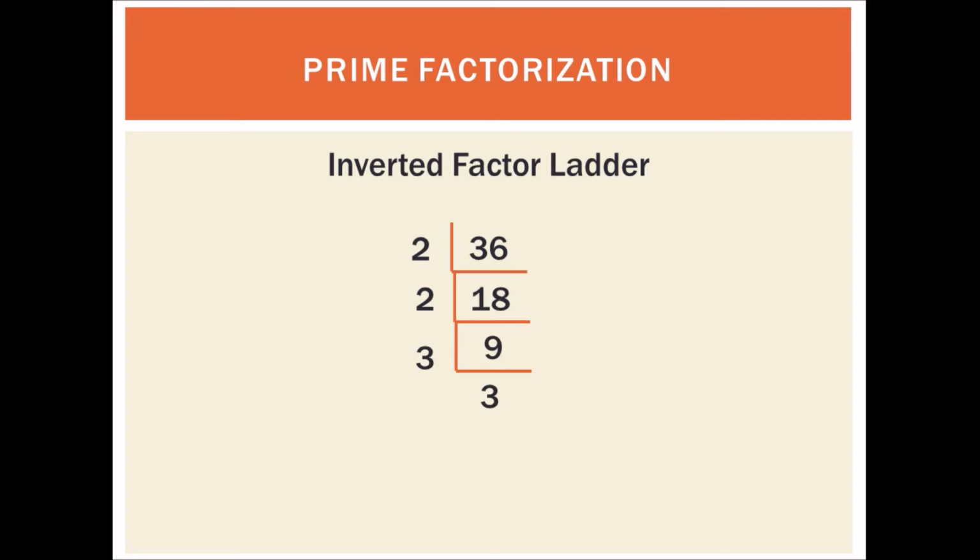The last number 3 right there is a prime number. Since that's a prime number, you know to stop your factorization. So we're going to list out all the prime numbers. For 36, the prime numbers are 2 times 2 times 3 times 3. We try to list these numbers from the smallest to the largest.